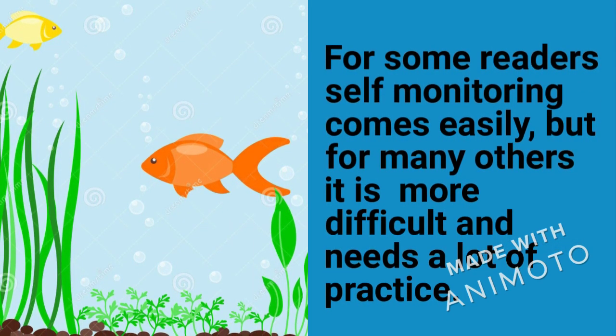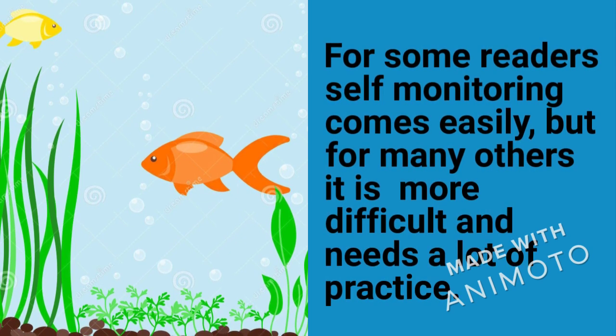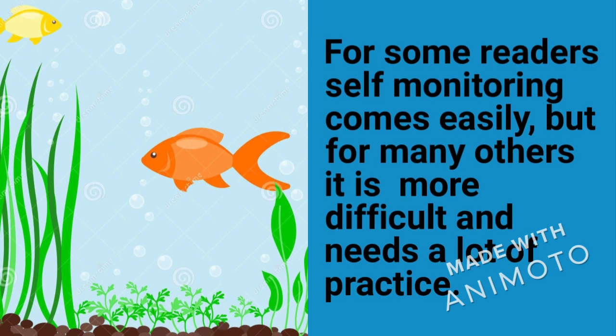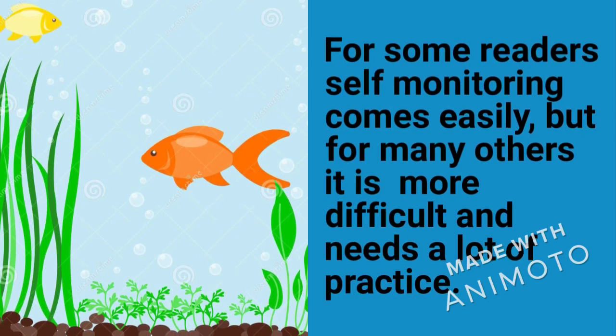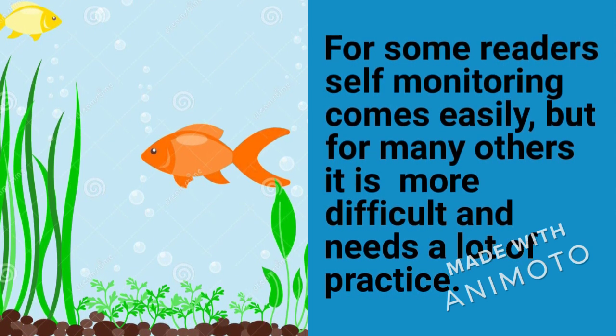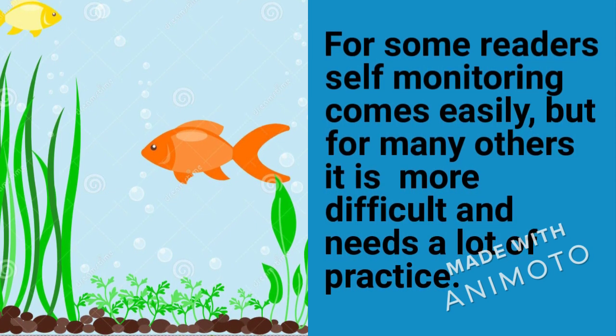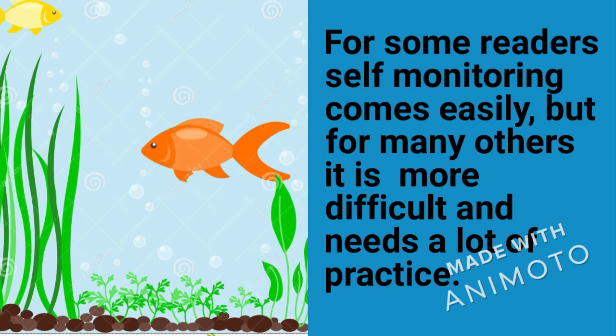For some readers, self-monitoring comes easily and they do it without even realizing. But for others, it is a skill that is a bit more difficult and takes a lot of practice.